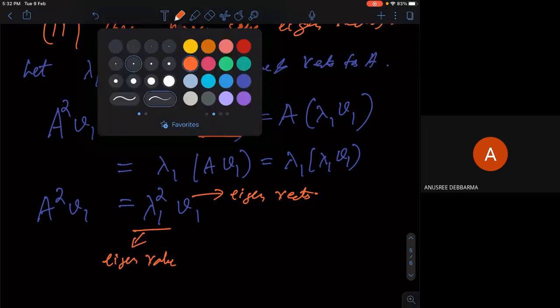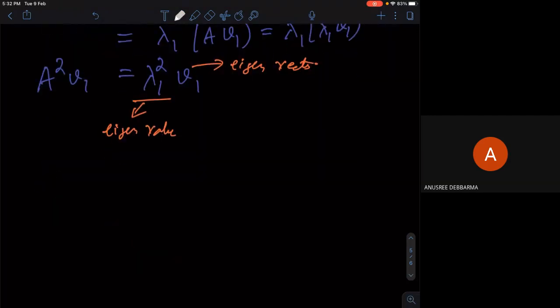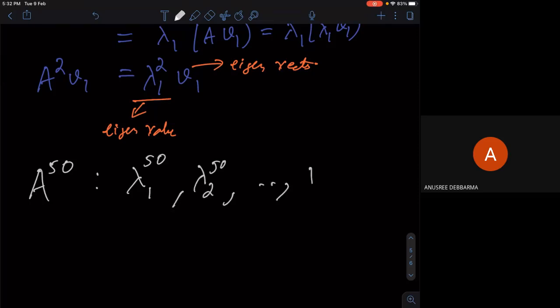Good. What about A raised to 50? You should know the answer. The eigenvalues of A raised to 50? Lambda raised to 50. Yes. So lambda 1 raised to 50, lambda 2 raised to 50, up to lambda n raised to 50 will be the eigenvalues of A raised to 50.